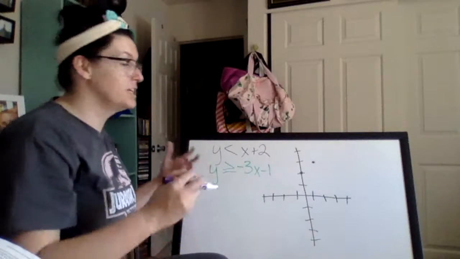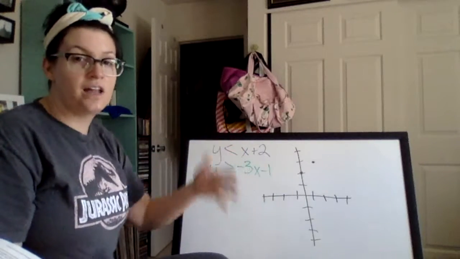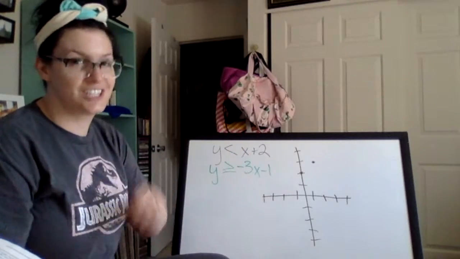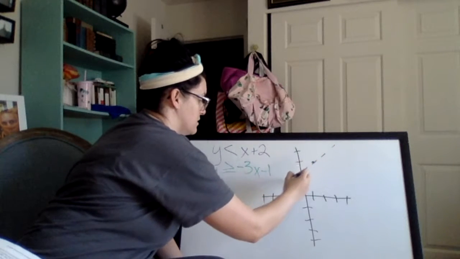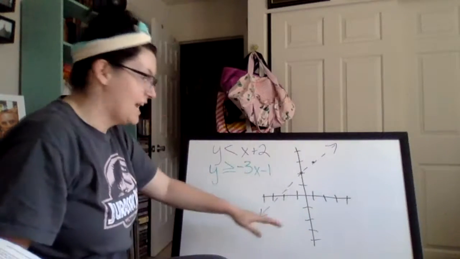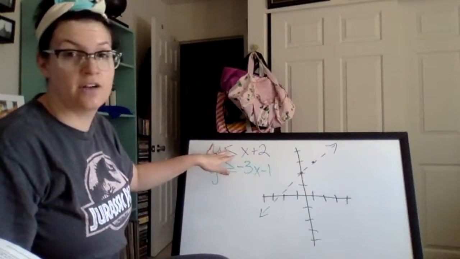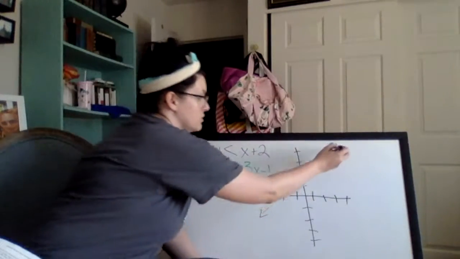And then we connect and we use a dotted line because it's not less than or equal to, it's just less than. And then because it is less than, all of our y's are under that.